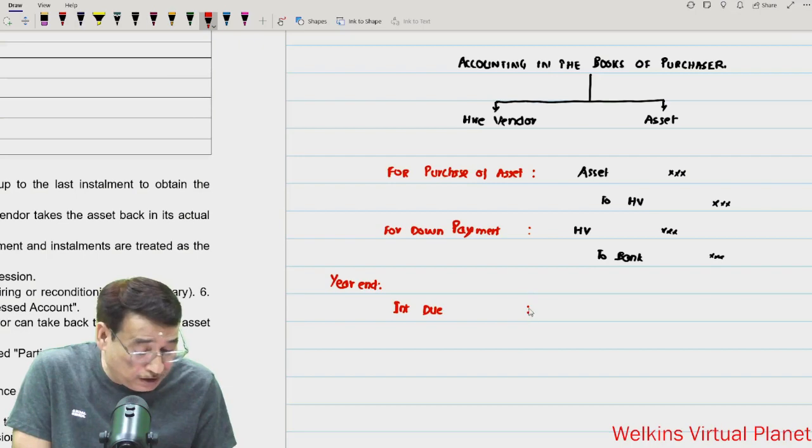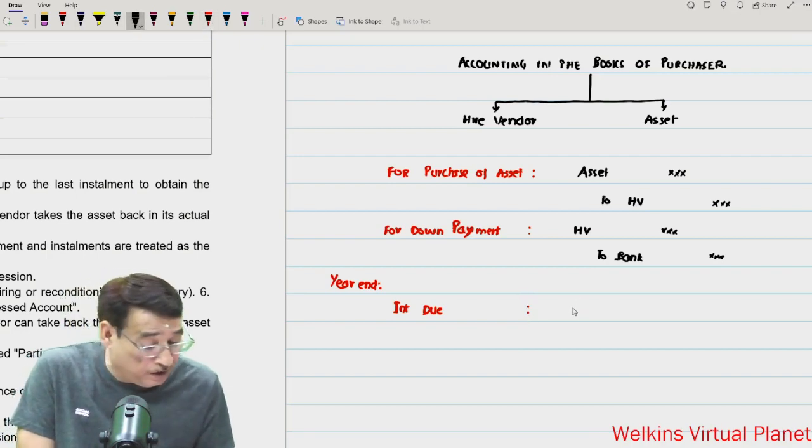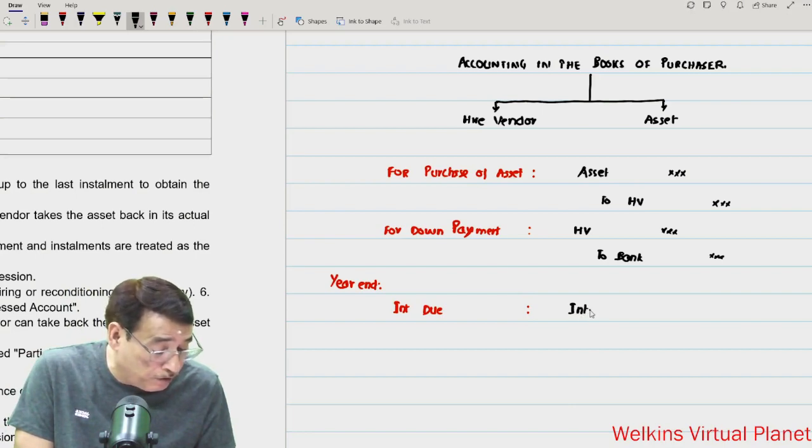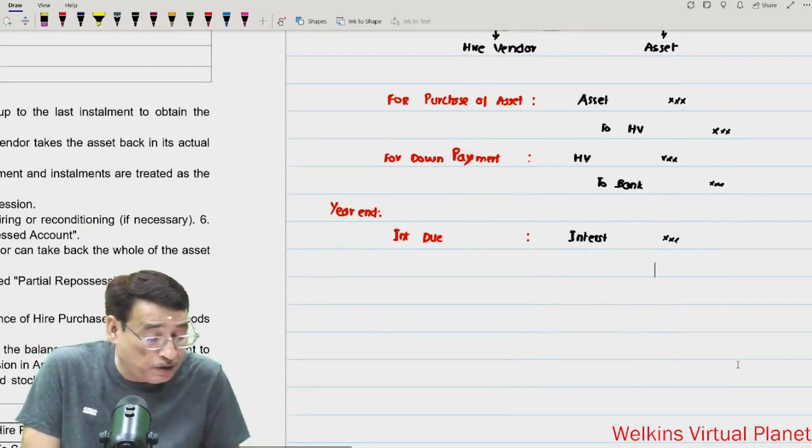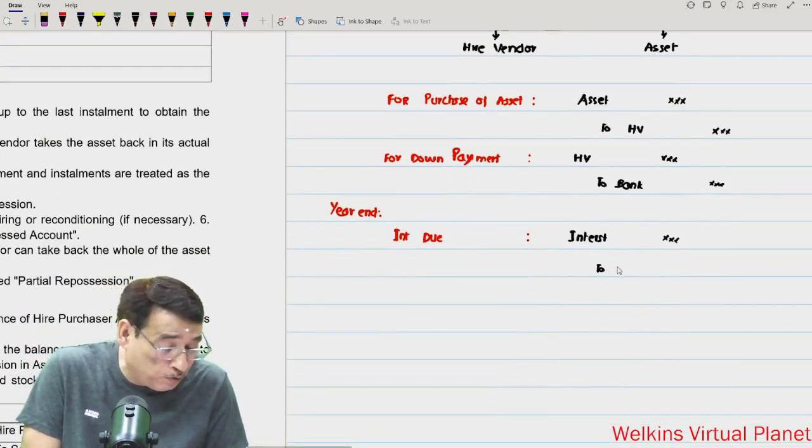If you remember the entry which we passed at the end of the year, because we are the purchaser and interest will become due, it will be a loss for us. So interest account debit, and because interest has become due, our liability towards the hire vendor will increase. So to hire vendor account we shall write.